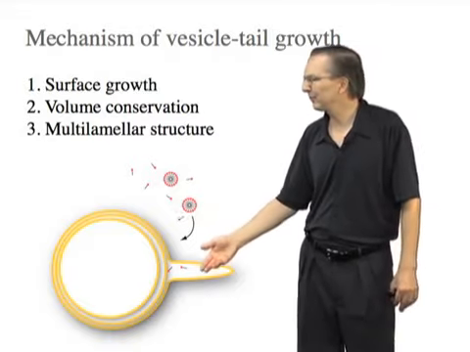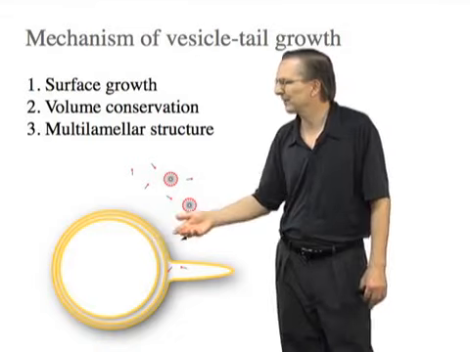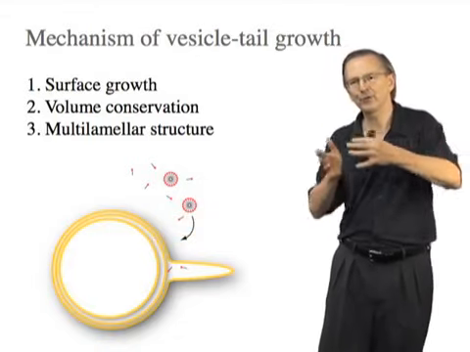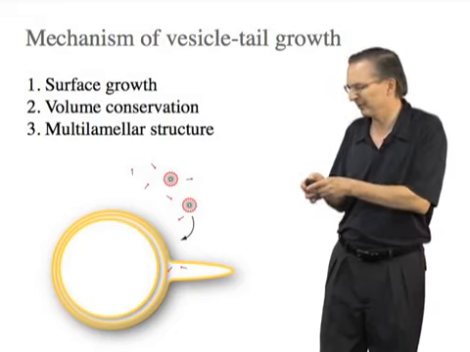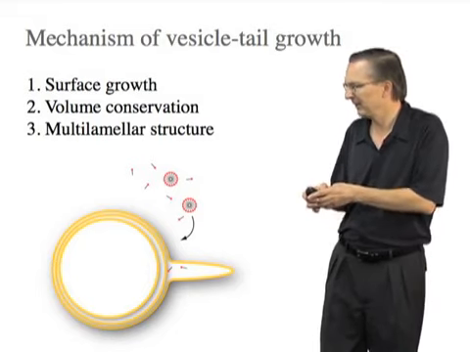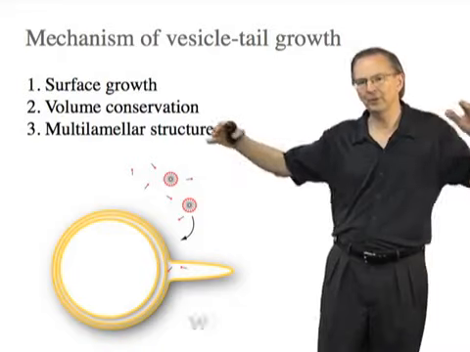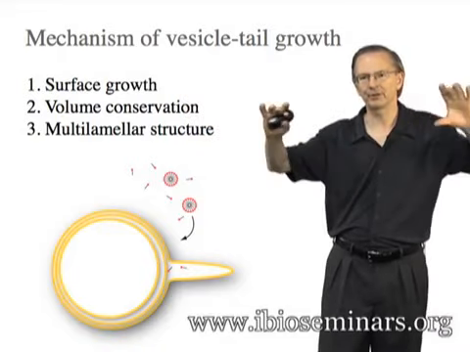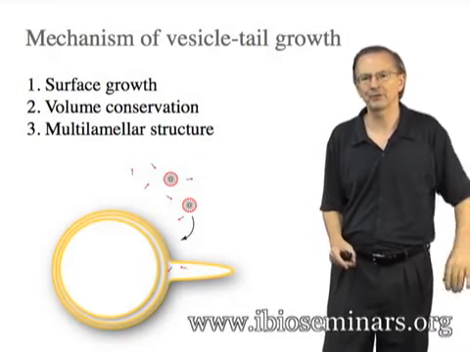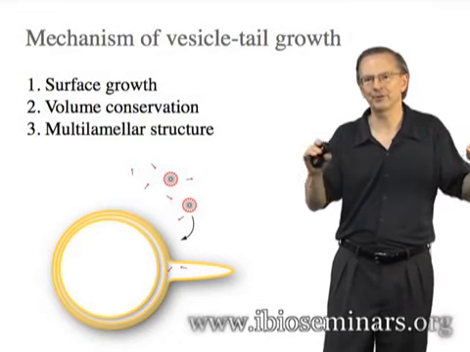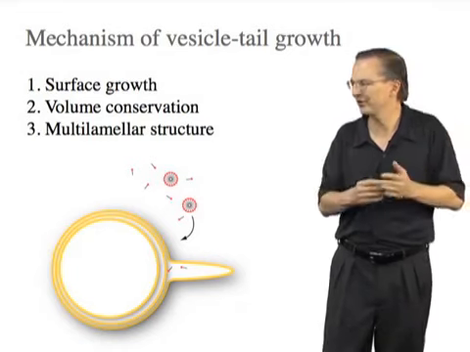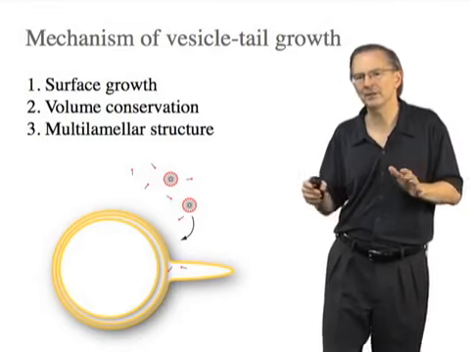There's very little space between it and the next bilayer. And so that extra surface area is extruded as a thin initial filament, which then subsequently elongates into this long tubular filamentous structure. We really don't understand the physical forces that are involved in those later stages, but we have some ideas about the initiation phases.